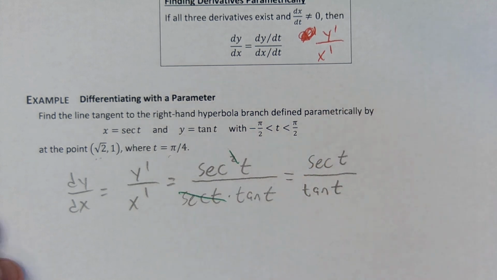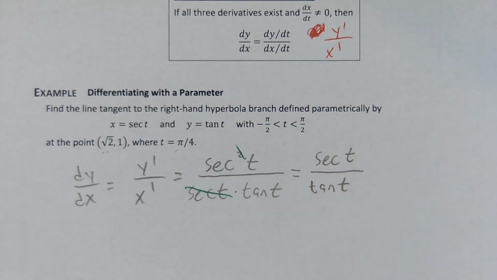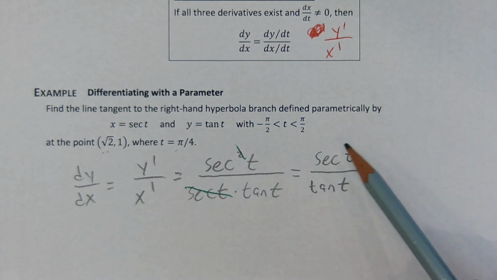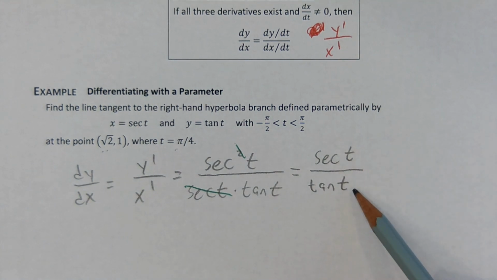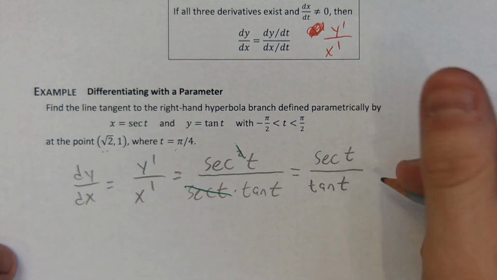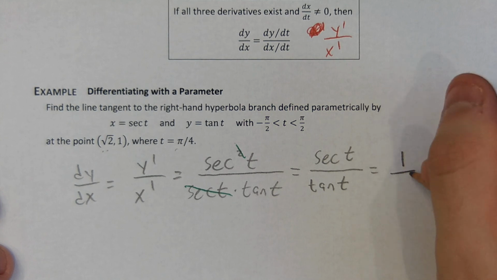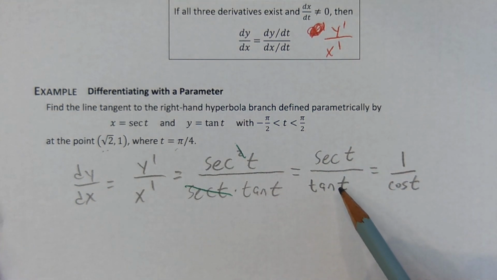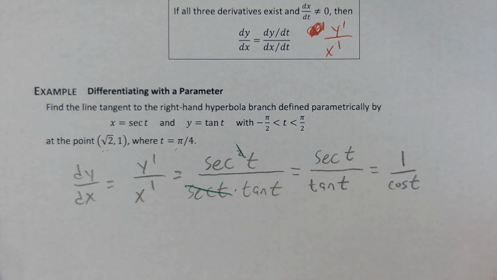tangent t. Now you might be wondering if that's going to clean up any better, but this is 1 over cosine, and this is sine over cosine. It might actually do something. Let's see. 1 over cosine, and instead of saying divided by tangent, we would say times its reciprocal, right?